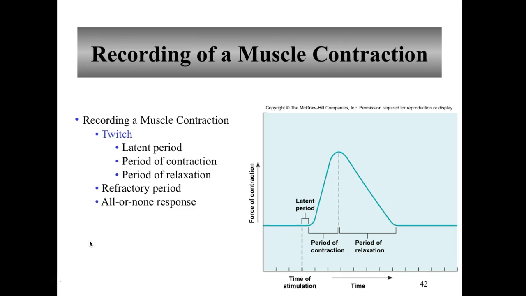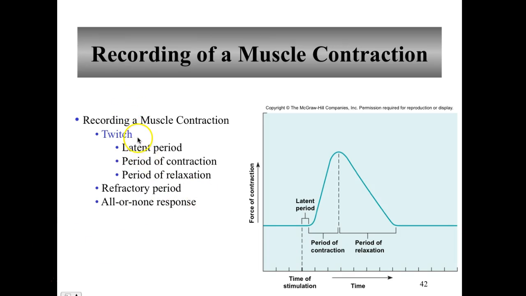A muscle fiber must then return to its resting state, which would be around negative 100 millivolts, before it can be stimulated again. This is called the refractory period.